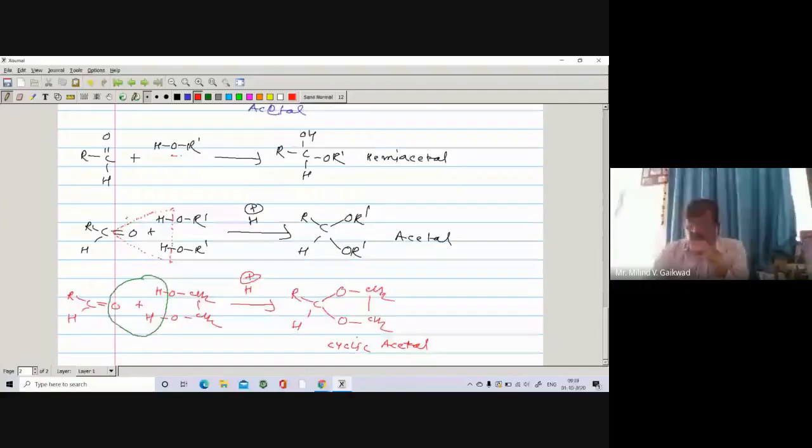If you react, instead of O, if you put S, then the same thing we have to write, the reaction with thiol. The reaction with thiols.